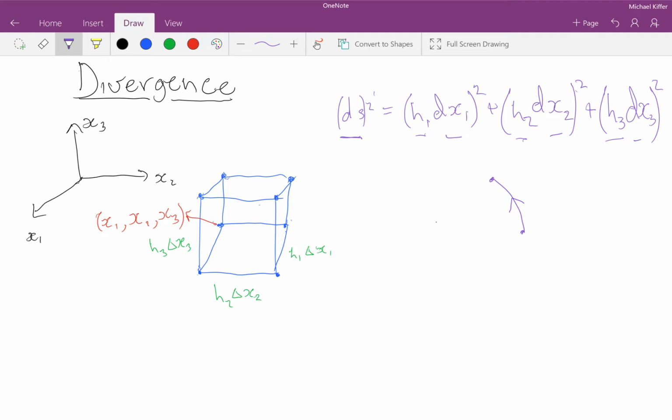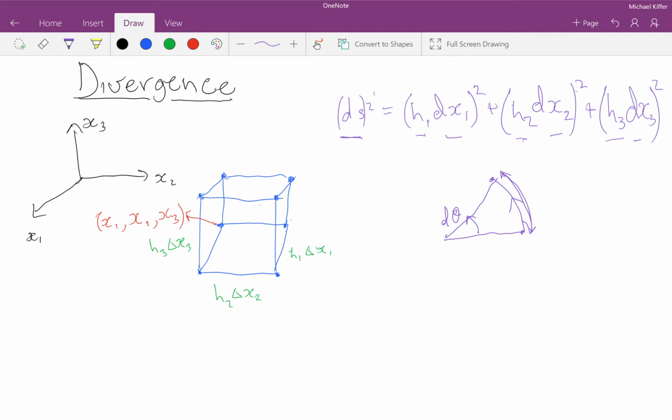So say we had an element where we've gone across some small angle d theta, multiplying by h1 will tell us how far we've gone along this distance here, or h2 or h3, whatever the scale factor is. Okay, so now we need to do a series of area integrals.